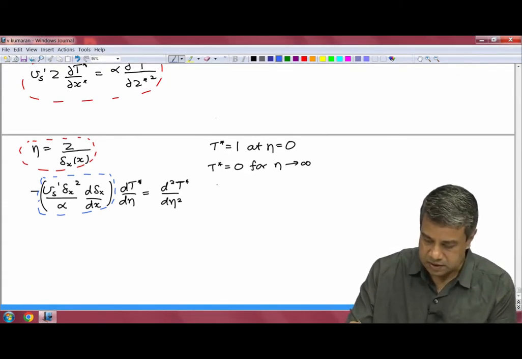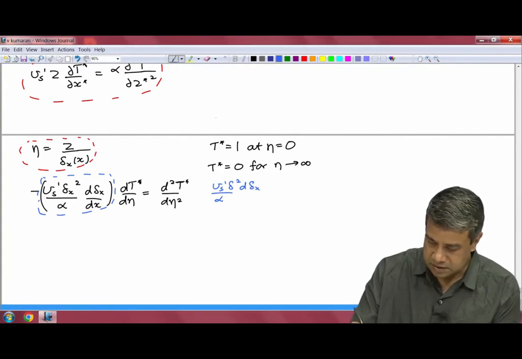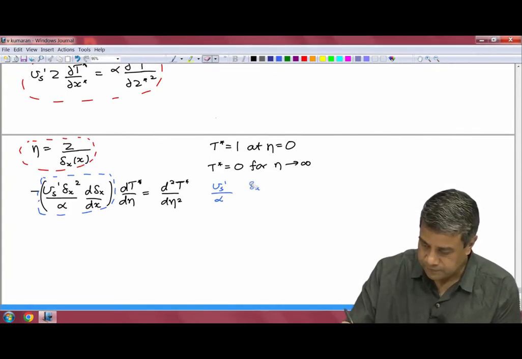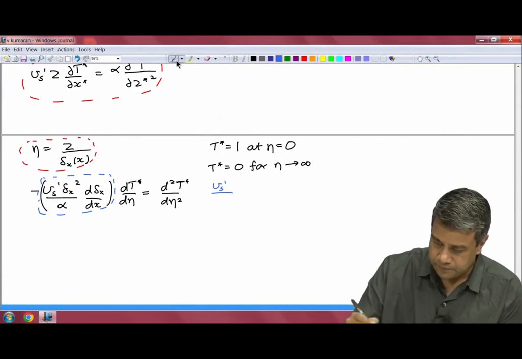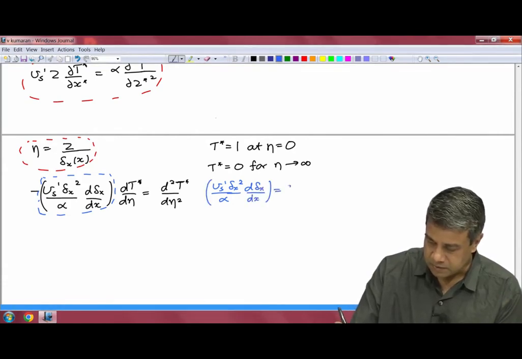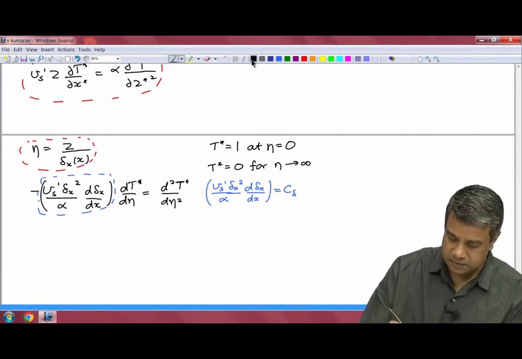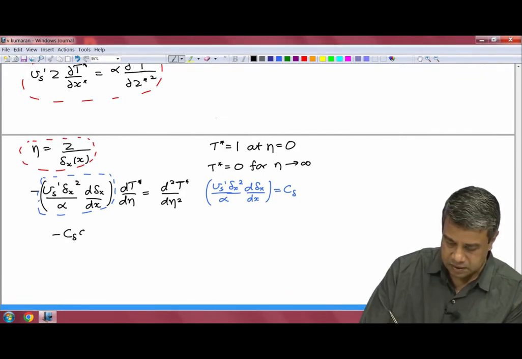So, we had used this substitution V s prime delta square by alpha d delta dx is equal to some coefficient c delta, and the equation for the temperature becomes minus c delta dT by d eta.